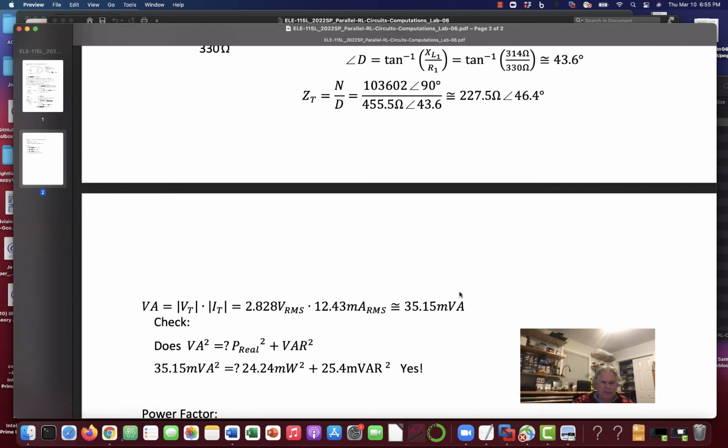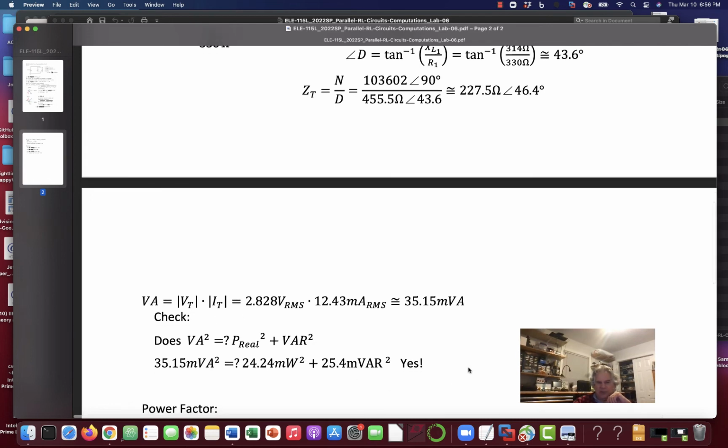Now, our apparent power is equal to the magnitude of the total voltage times the magnitude of the total current, and that's 2.828 volts RMS times 12.43 milliamps RMS, and we get 35.15 millivolt amperes.